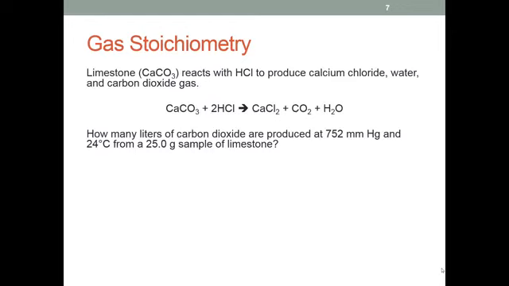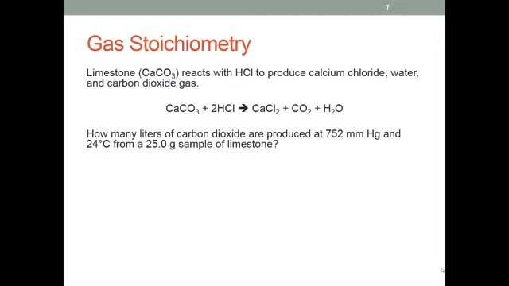You can, if you wish to use the same value for R, convert this pressure to atmospheres and use R equals 0.0821. Or you can remember this other value for R, which isn't given on your test like the other one is. I highly recommend that as you solve this problem, you do so first by converting the pressure to atmospheres.